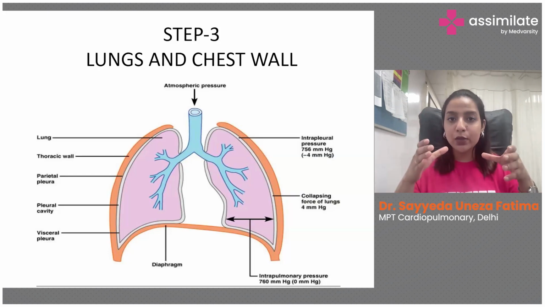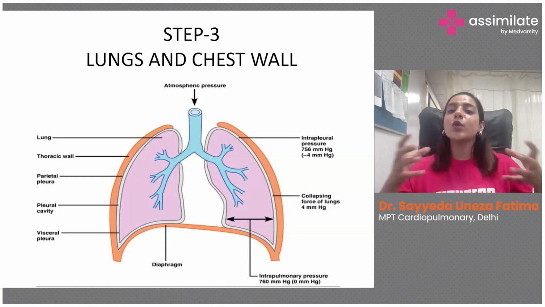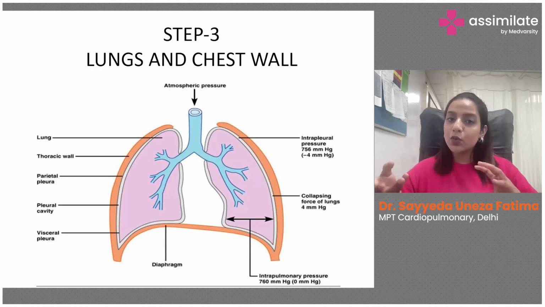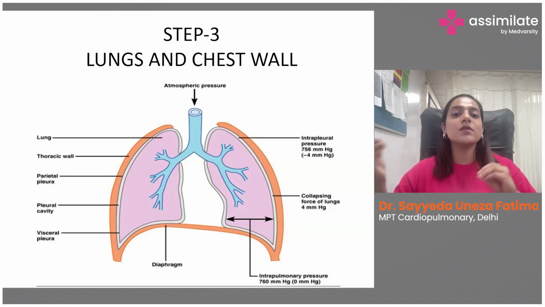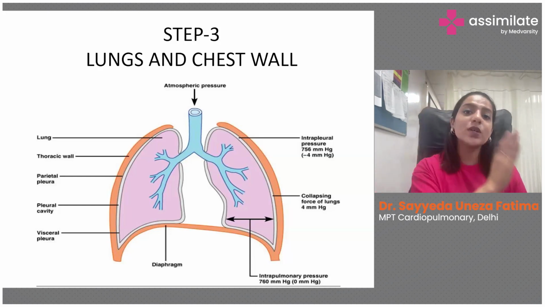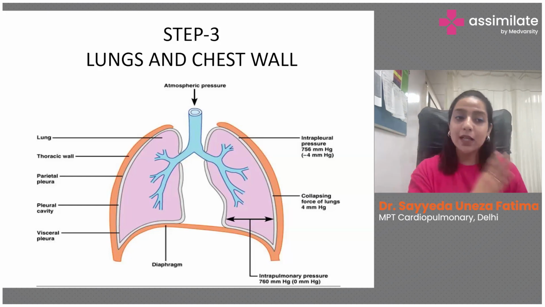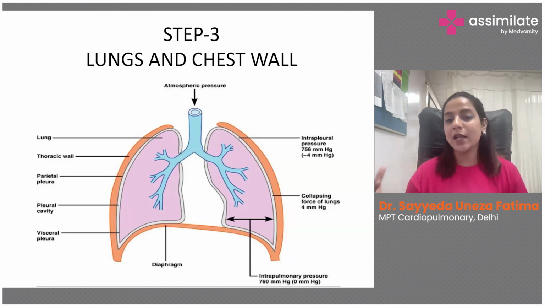But if they are not able to expand because of any deformity like ankylosing spondylitis, scoliosis, kyphosis, poor posture, all these things, then the lungs won't be able to expand as well, leading to restrictive lung diseases, because of which a lesser amount of air will be going in, and hence development of hypoxia. So you need to correct these causes in order to correct the hypoxia. But along the course, oxygen therapy will be required to maintain the saturation and the functions of vital organs.